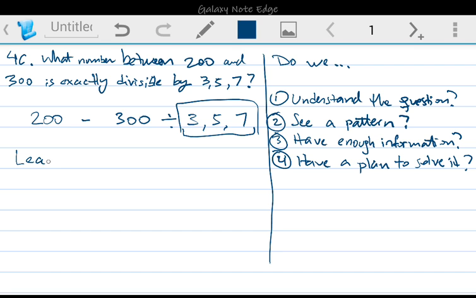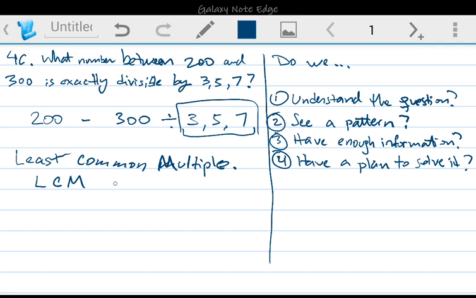Okay, the least common multiple, or sometimes we just represent it by the letters, the acronym LCM, least common multiple.